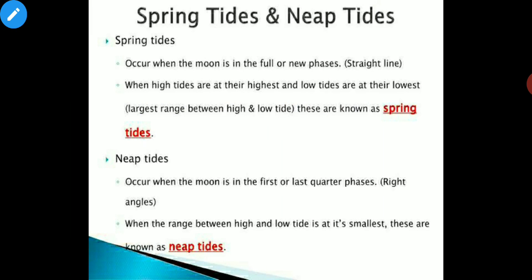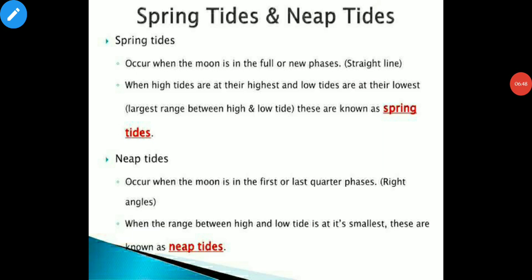Now, spring tides and neap tides. On the full moon and new moon, the sun, the moon and the earth are almost in a straight line. The sun and the moon exert a combined gravitational pull. Thus the high tides are the highest and the low tides are the lowest, and this is called spring tides.